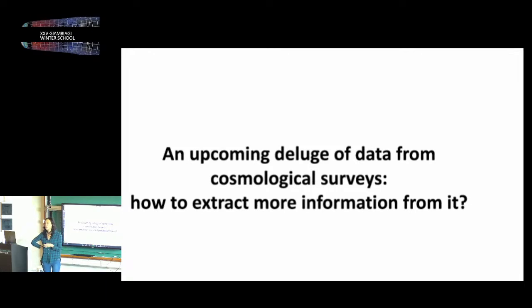We are taking data right now of different types of observables: the cosmic microwave background, the large-scale structure of the universe, galaxy surveys, gravitational lensing, Lyman alpha forest, you name it. Many different surveys are taking data right now and are being planned for the next decade. So we really expect a deluge of data, and a good question to ask right now is how to extract more information from them.